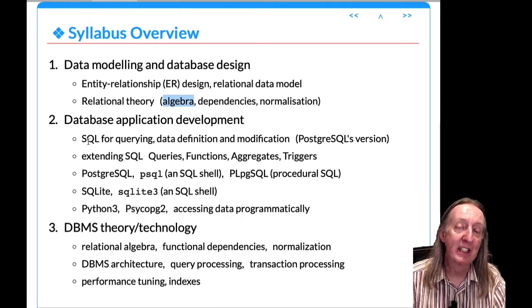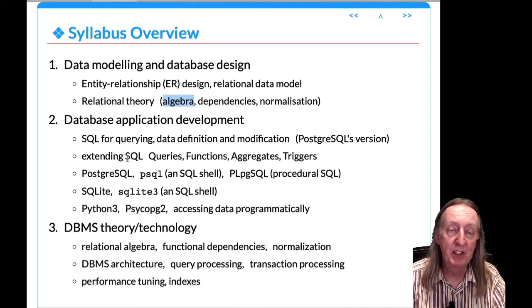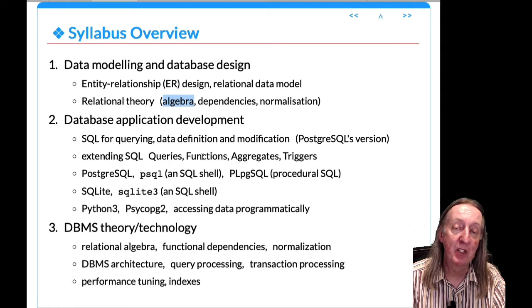So writing queries, writing fairly complex SQL queries, and then extending the capabilities by writing views and functions and aggregates and triggers, using PostgreSQL in more detail.